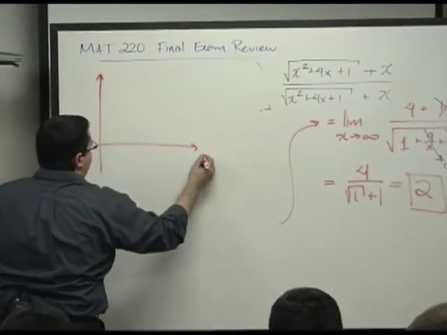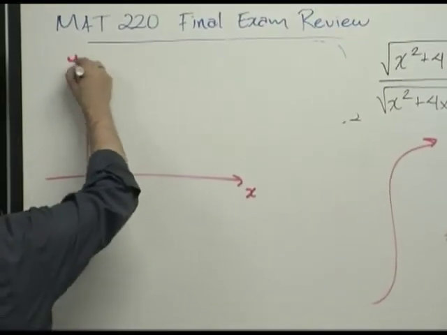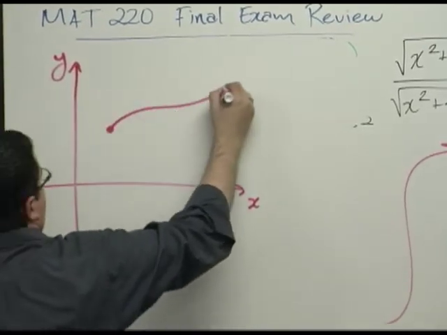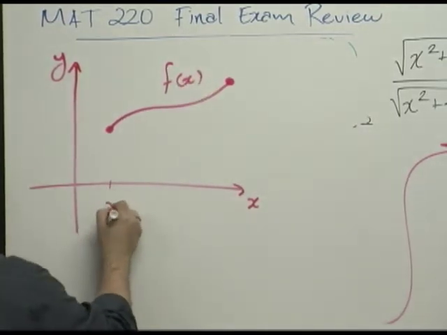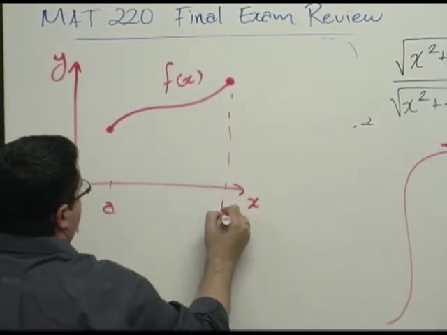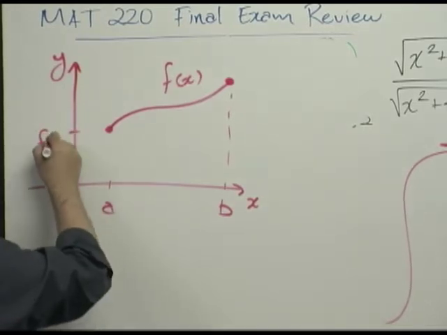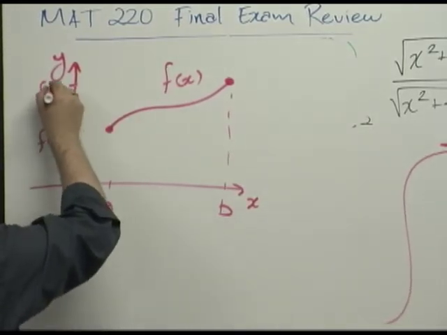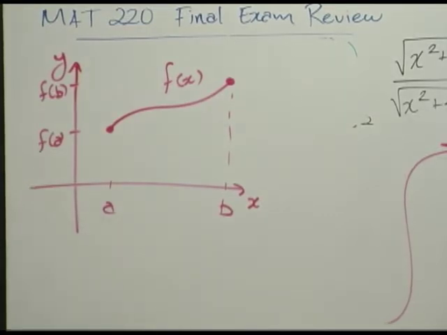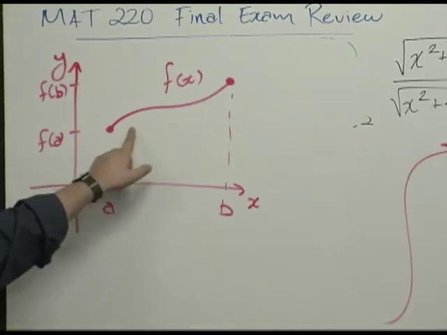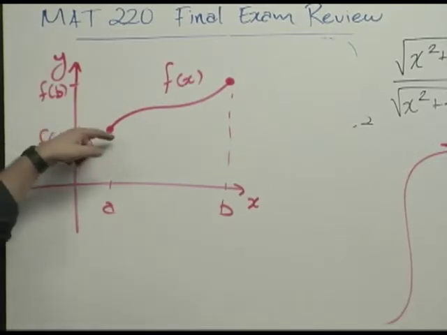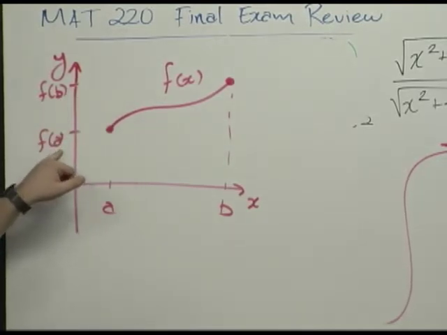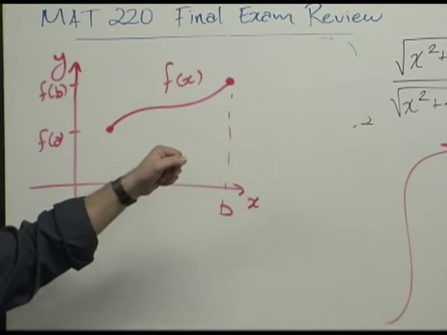You think of some graph f of x. Okay, and this here is A, this here is B. So this is f of A, f of B. Then all the intermediate value theorem says is that since f is continuous, you'll have one curve between A and B that hits every single real value in between f of A and f of B, as an output.